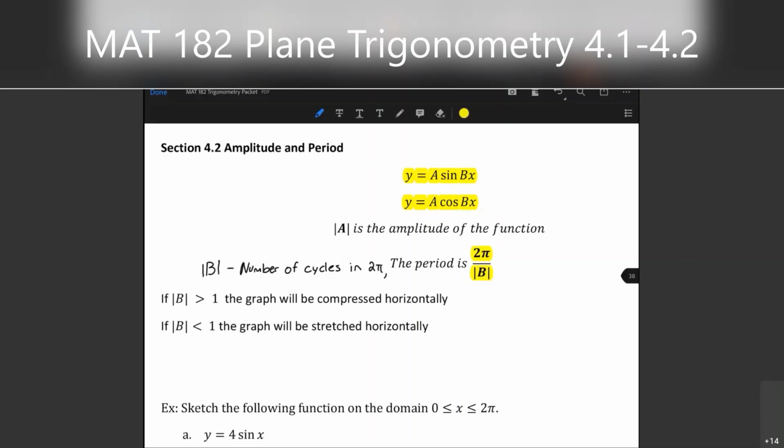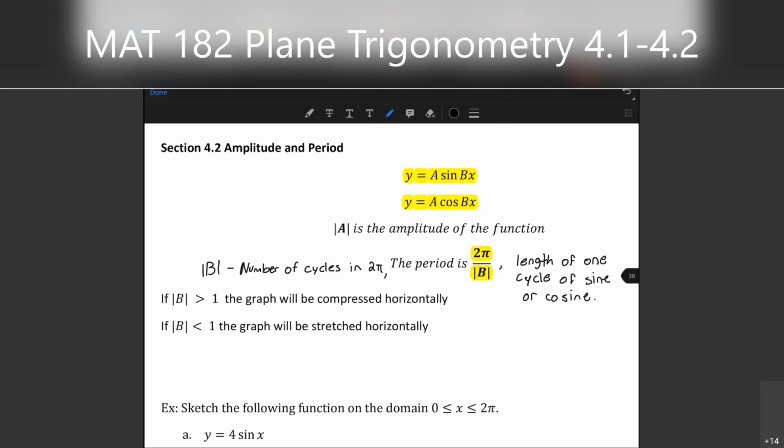So again, amplitude is the height of our function from the midline to its maximum. And the period is really defined as how long a single cycle of sine or cosine is. So we can say the period is defined as the length of one cycle of, we'll call it sine or cosine, depending on what we're working with.